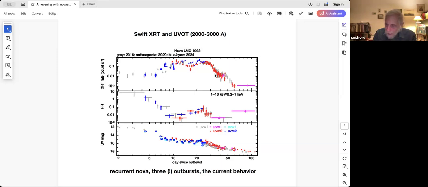Maybe the word periodic isn't a good one there. On some kind of repetition time scale, they repeat themselves. I'm showing this because this is current with the SWIFT satellite.